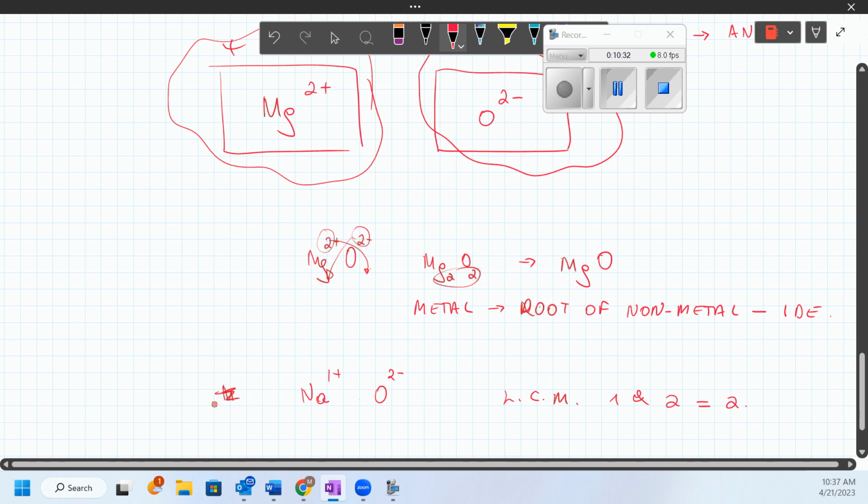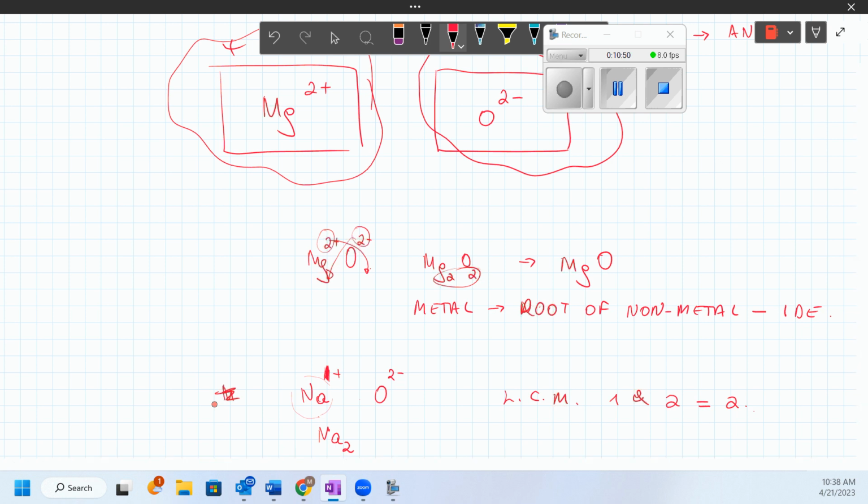Then you ask, what are you multiplying 1 by to give you 2? You are multiplying 1 by 2, so put that number as a subscript. And what are you multiplying 2 by to give you 2? By 1, and 1 is not written. The name will be sodium, because you start with the name of the metal, and then the root of the non-metal, oxide.